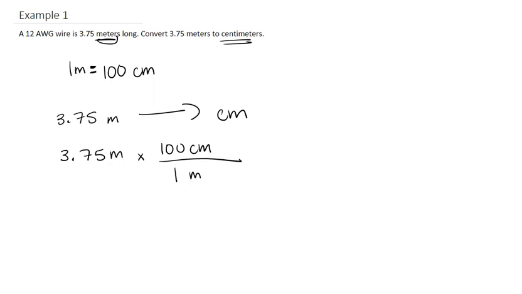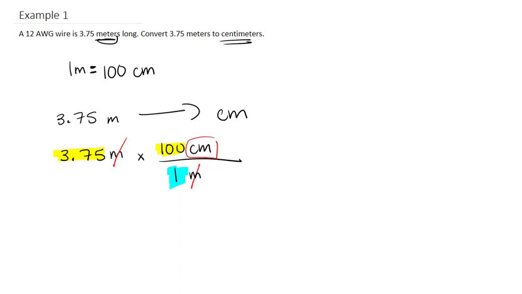So this is how we would use a conversion factor to go from meters to centimeters. Why we do this is because meters would cross out, and then we're left with just centimeters, which is what we want. Then what we do next would be to multiply. So we multiply this 3.75 times 100, and then we're going to divide it by 1, which will just be equal to itself.